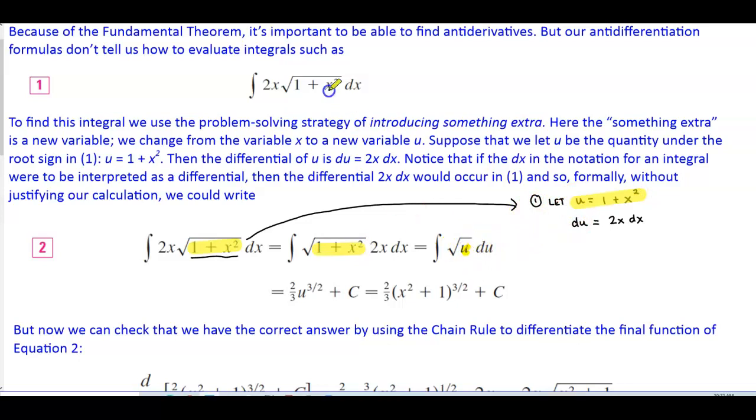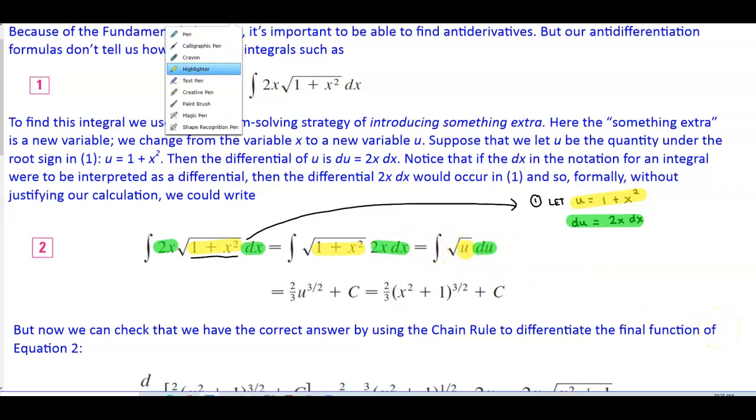Okay, and then we also know the following. We also know that du is going to equal 2x dx. So as we converted this 2x dx here, we can see that du now becomes 2x dx. And now this all becomes just the square root of u du.